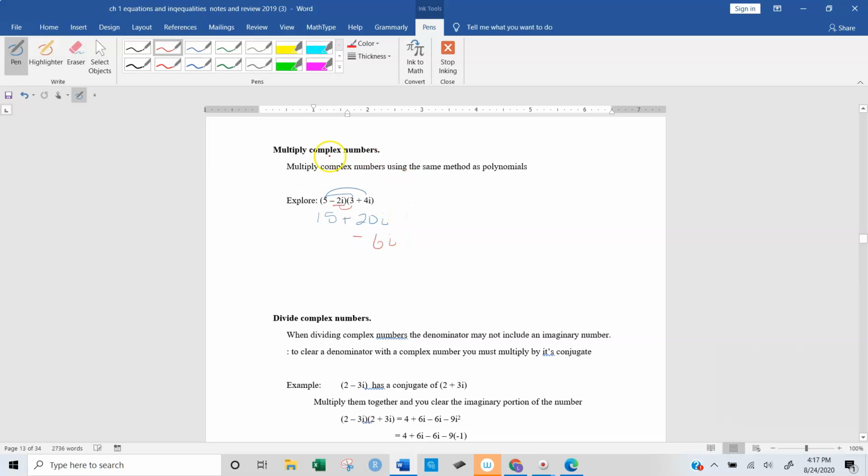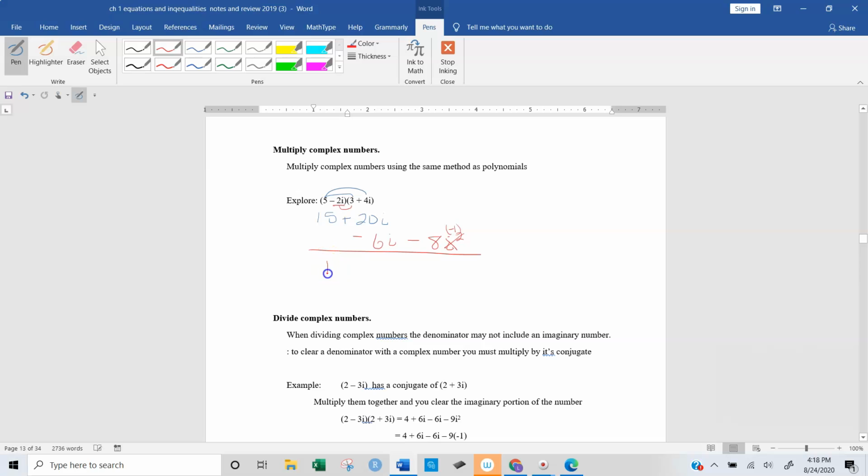Now the next part is a little tricky. So -2i times a positive 4i. Well, that's a -8i squared. But remember, i squared is really -1. So you're taking -8 times -1, so this really just changes the sign in front. So let's write down what we truly have here.